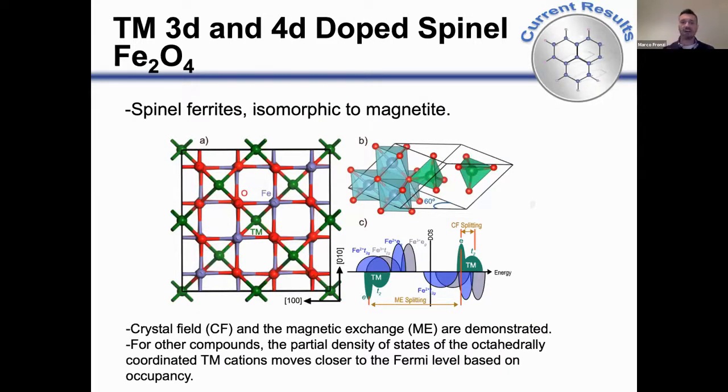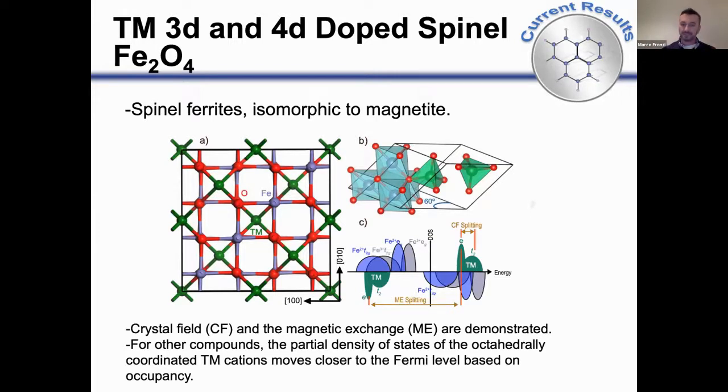Now, first of all, from a very basic perspective, spinel iron oxide is the basic structure that we use, and then we dope it. But first of all, let's understand what's going on in the basic structure of iron oxide. What we expect, even after doping, is that the electronic structure will resemble that of magnetite.